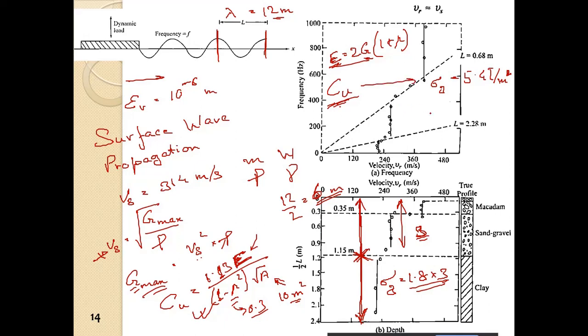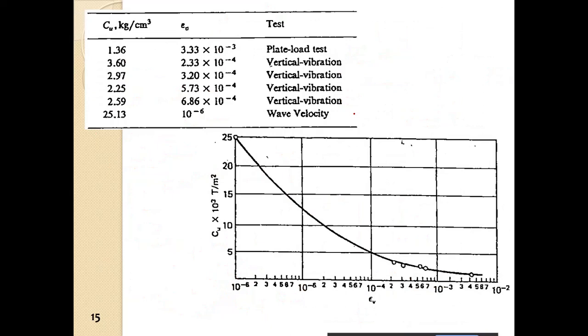We want it for 1 kg per centimeter square. So you just put it in the expression and find out the Cu dash for 1 kg per centimeter square. Ultimately we will get the Cu value.